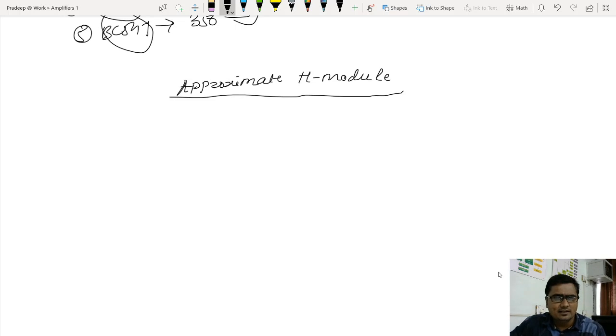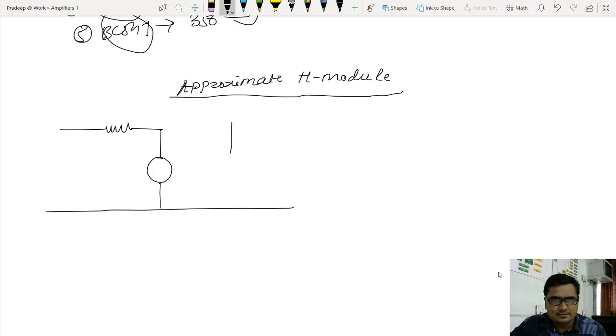We know the H model. What is the H model? Here somewhere I am applying input. This is my HI. This is HR multiplied by V2. And this is the output current. Here somewhere is the output impedance.